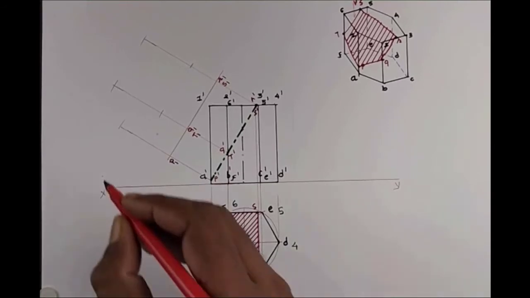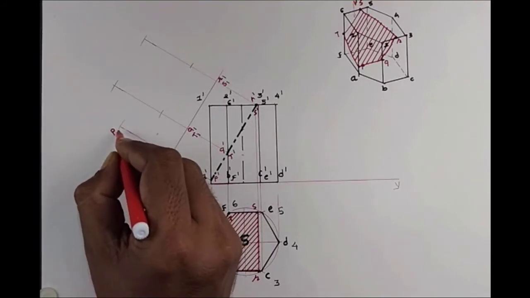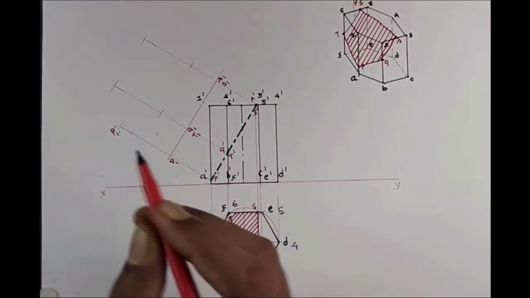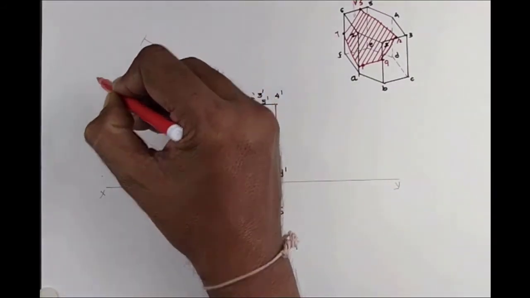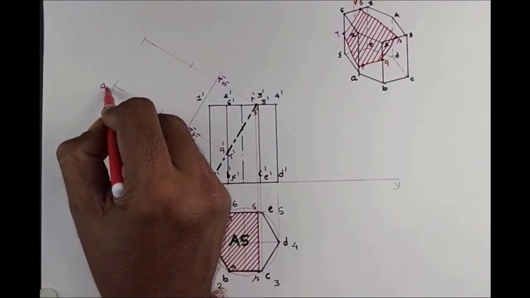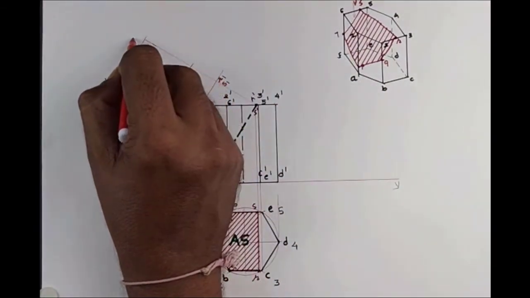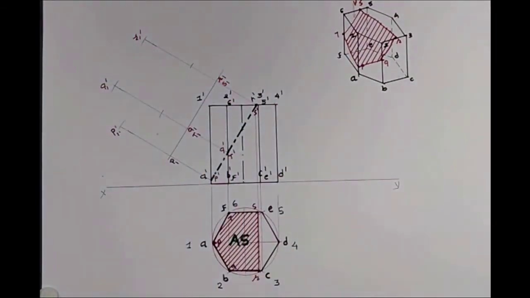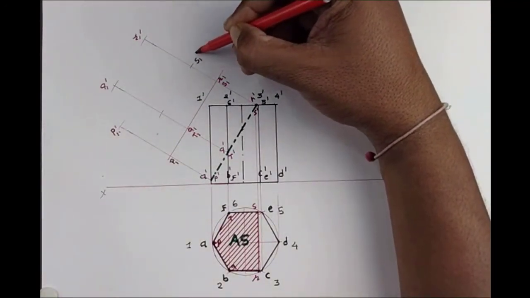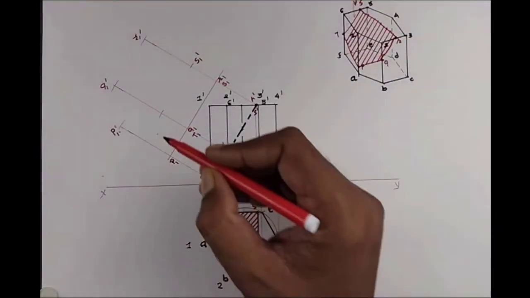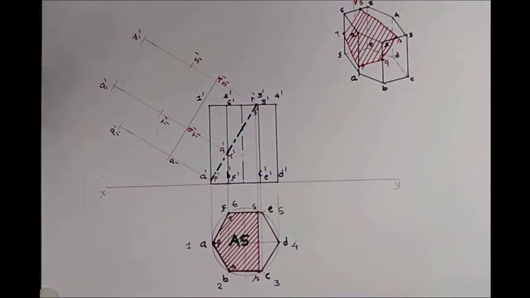Now first we mark our points. So this is our P1 dash, this is our Q1 dash, it is our R1 dash, this is our S1 dash, and this is our T1 dash.